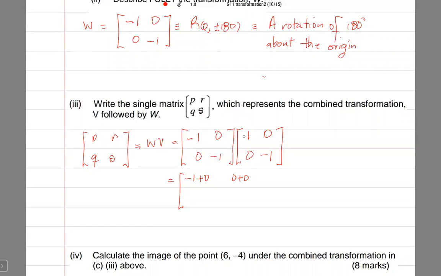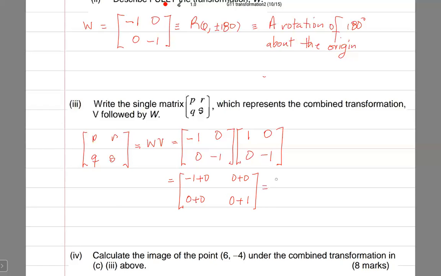Now, bottom row, left column, 0 times 1 is 0. And minus 1 times 0 is also 0. Bottom row, right column, first element in the row 0 times the first element in the column 0. 0 times 0 is 0. And the second element in the row minus 1 times the second element in the column minus 1 gives me a positive 1.